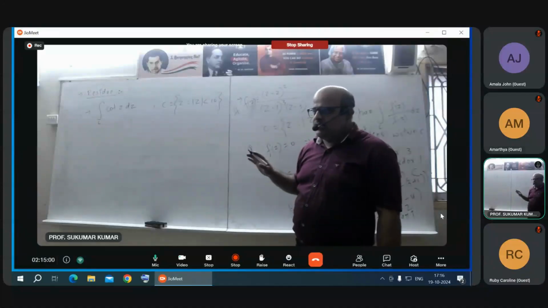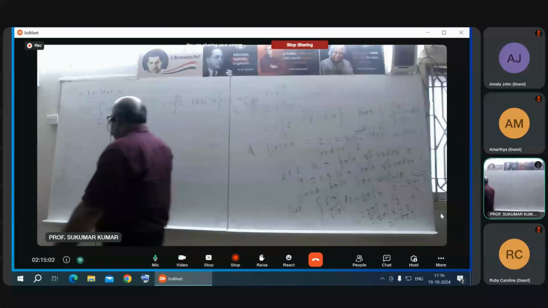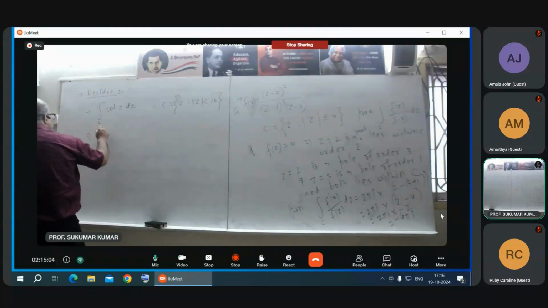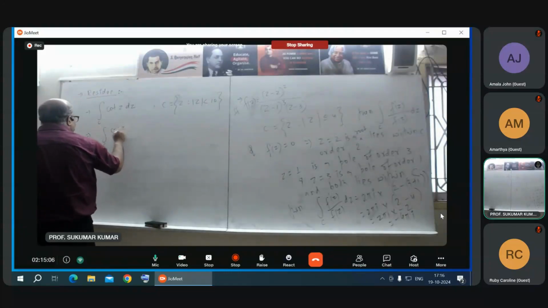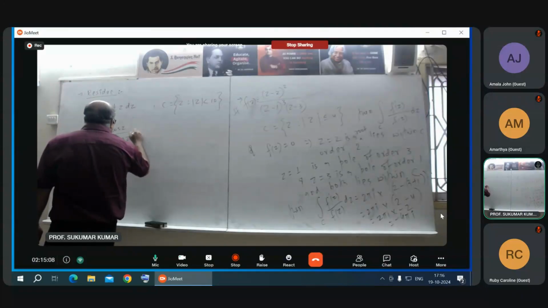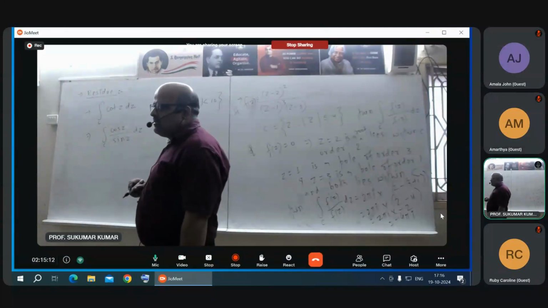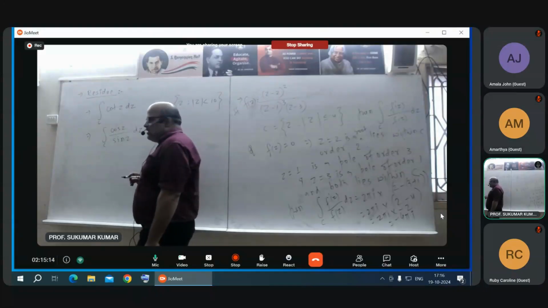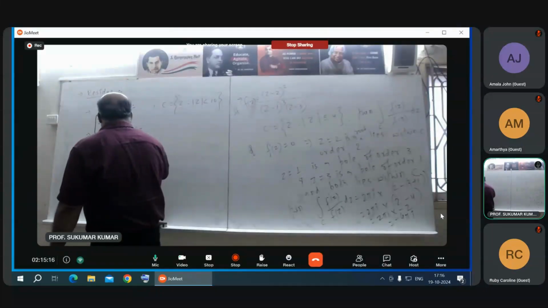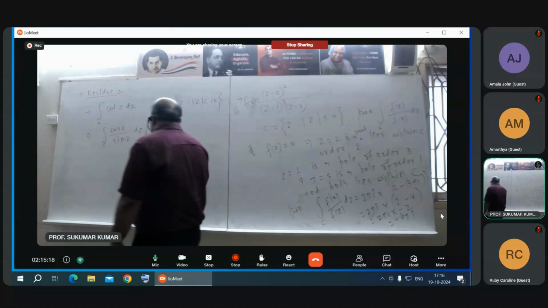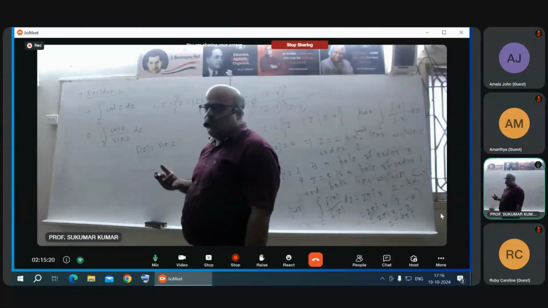We can find it by the residue concept, but you see we can find it from here also. Cot z means cos z by sin z. So what is f of z? Sin z, because this is the derivative of sin z, correct? So f of z is equal to sin z. From here zeros and poles will come.